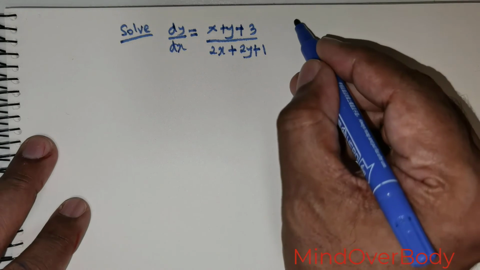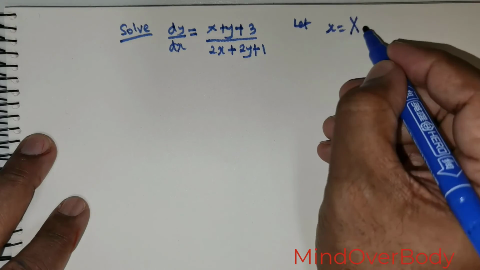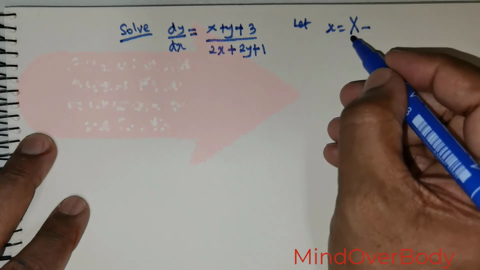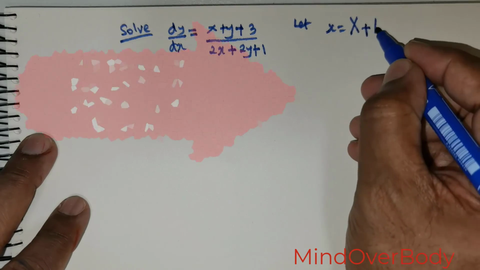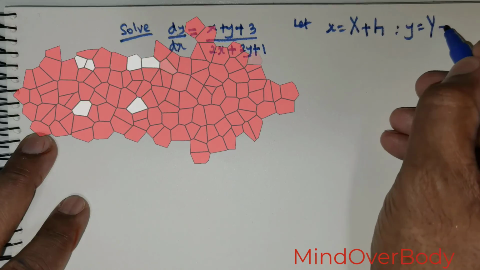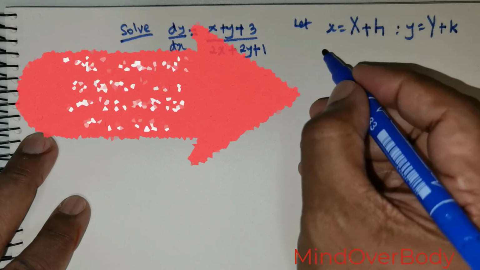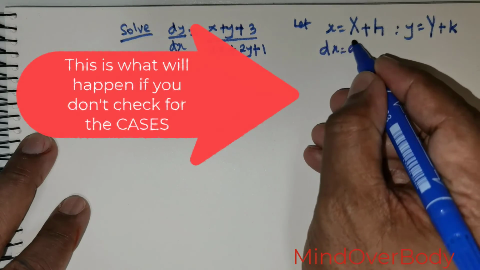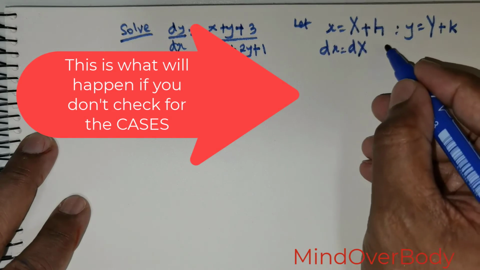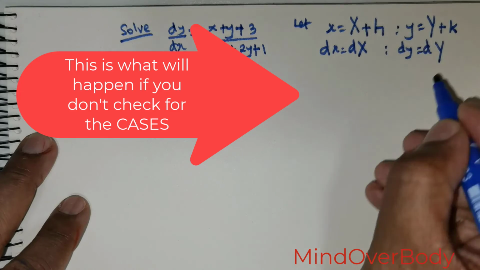So foremost, let small x be equal to capital X + h, and then y is equal to capital Y + k, where h and k are constants. So if I were to differentiate, this is going to give me dx is equal to capital dX and dy is equal to capital dY.